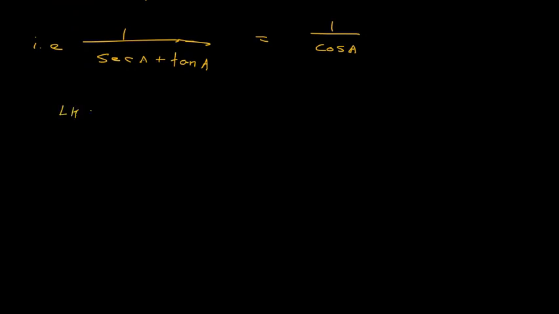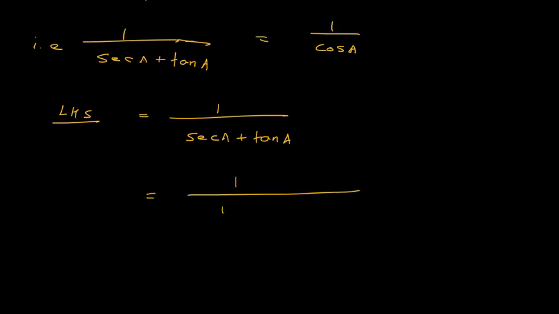Now here I will say that LHS is equals to 1 upon sec a plus tan a, which is 1 upon, this sec a I will write 1 upon cos a plus this tan a I will write sin a upon cos a.